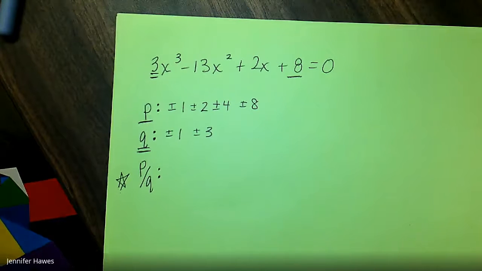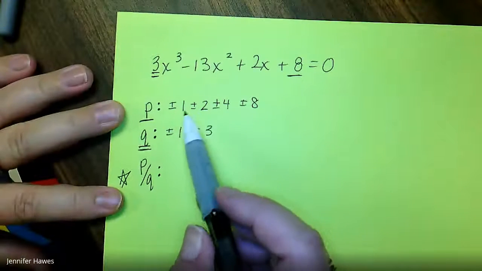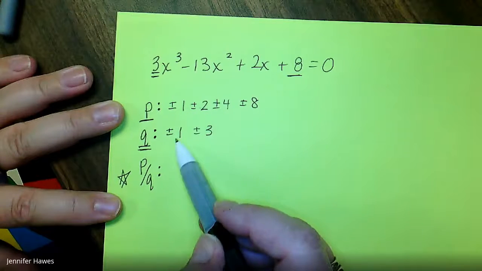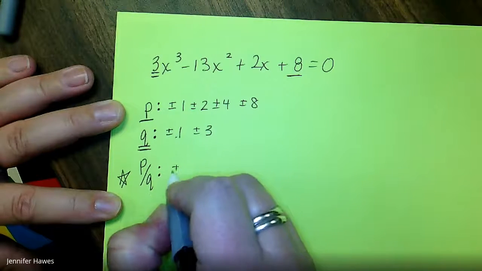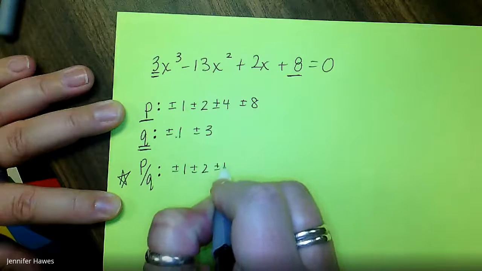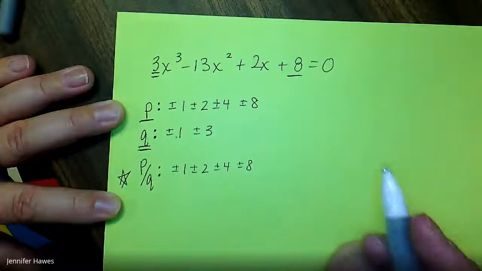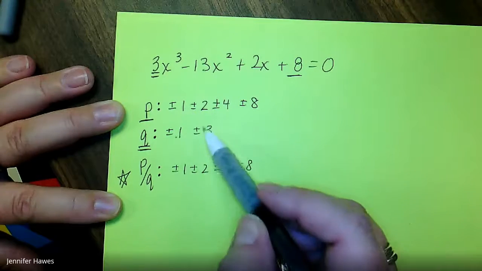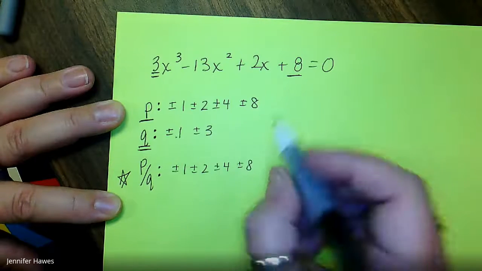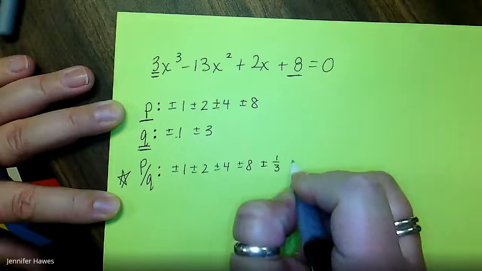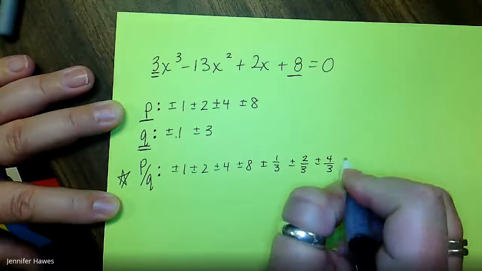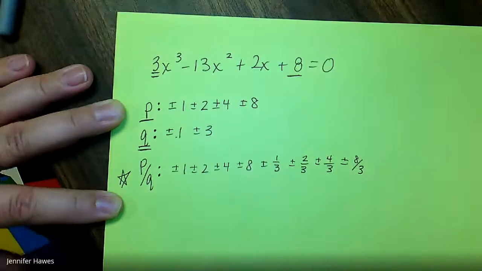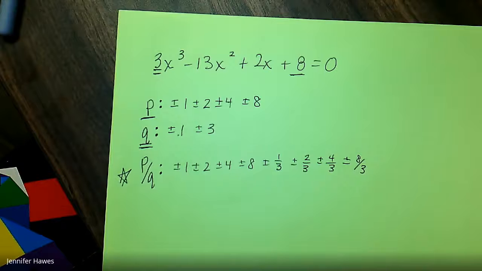Now where I have starred, that's where I'm going to put my list of P over Q. So if I do 1 over 1, 2 over 1, 4 over 1, 8 over 1, now 1 over 3, 2 over 3, 4 over 3, 8 over 3. Okay, and where I have starred, that is my list.